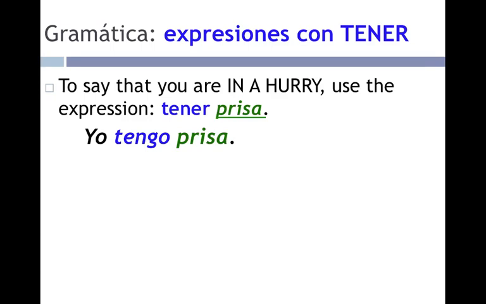So to literally translate, we would say, I have hurry. So you'll notice that in English, we use the verb to be, I am in a hurry. But in Spanish, that would be like a literal description of you. I am hurry. I am the epitome of hurry. Instead, they use the expression tener to have these various attributes.